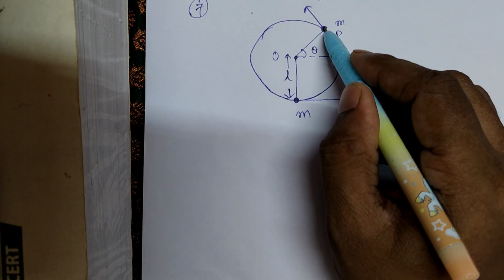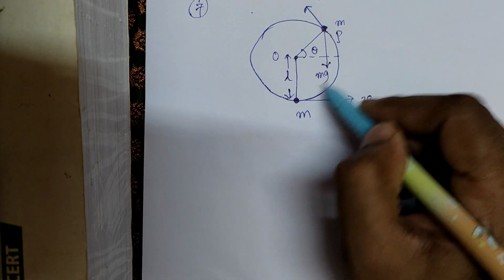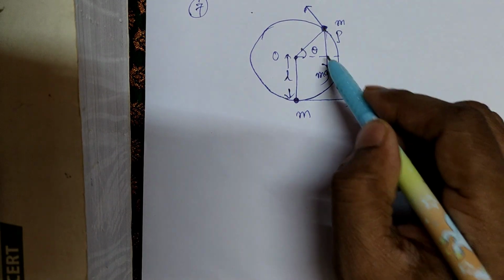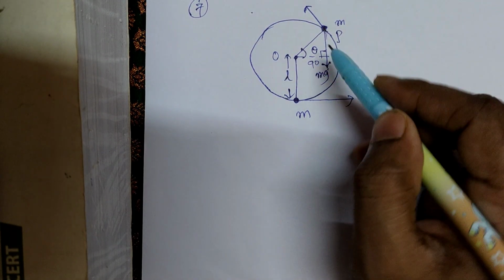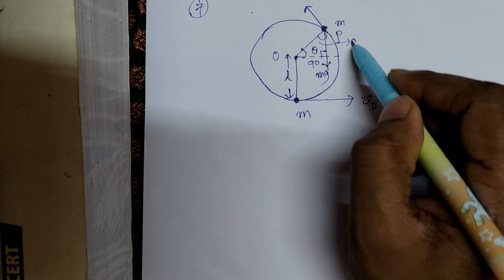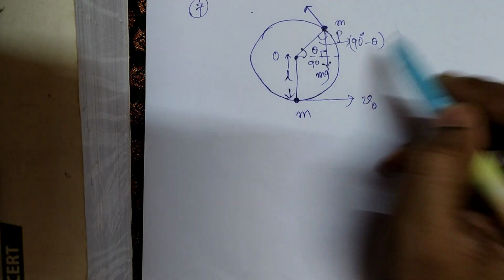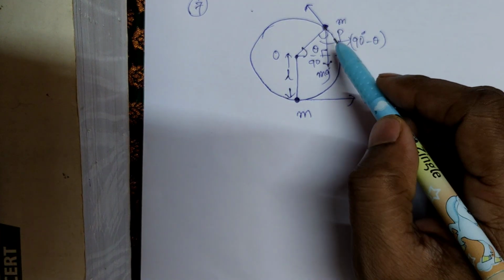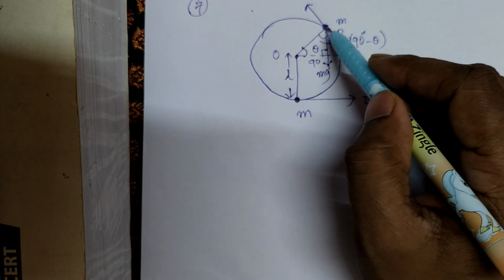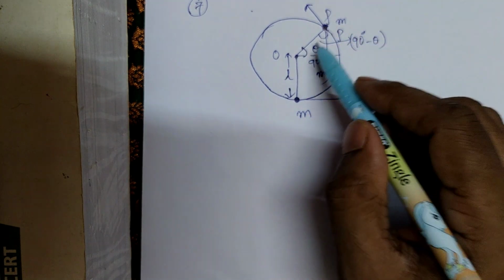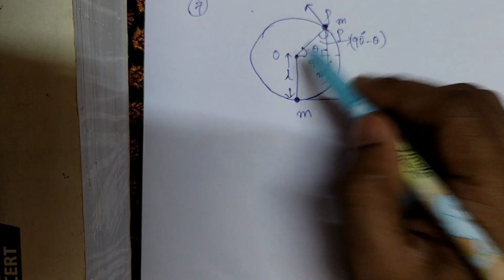Now see, as the mass of the bob is small m, its weight is mg towards downward, right? As this angle is theta, this is normal or perpendicular, so this is 90 degrees. So obviously this angle is 90 degrees minus theta. Now if we divide the component of mg along PO, the component of mg along PO is mg cos(90 degrees minus theta).